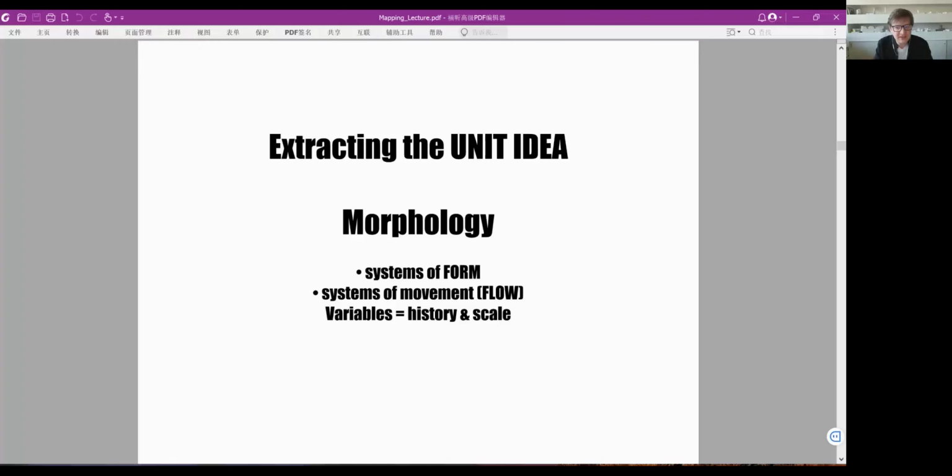And the variables in this sense are history and scale. But keep in mind, we speak about morphology, and it's not only about the physical form, it's also about the form which flows through the forms.